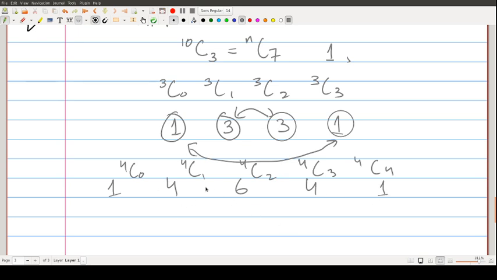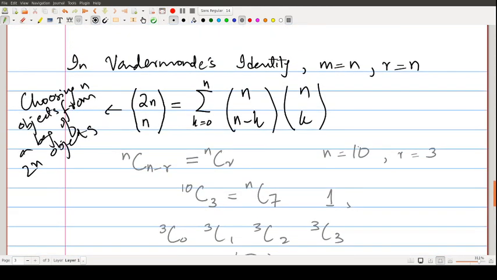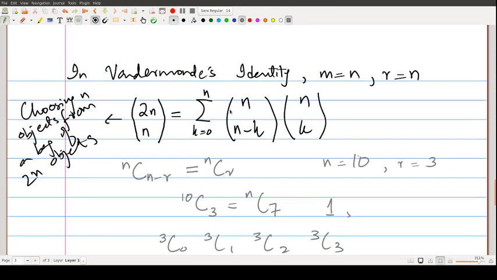And so 4c1 is 4, and so there's a symmetry again. 4 and 4 are the same. So 4c3 is the same as 4c1, right? So the point I'm trying to make is both of these terms are the same and can simply be written as summation k equals 0 to n, n choose k, both of these are n choose k squared, right?